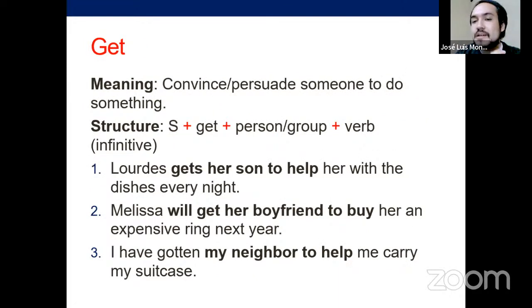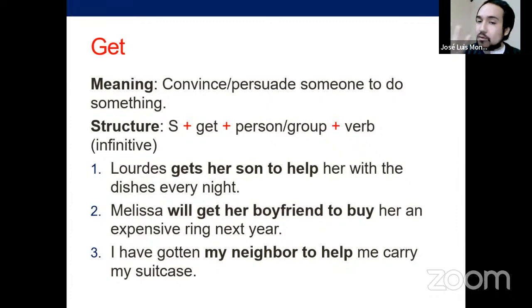And if it's a friend, or another person that you don't know, if there is no connection in which you can give orders, then you have to use get because it's your equal. And you can say, I always get my friend to help me with my homework. I always get my brother to lend me his or her, any object. So convincing and persuading.